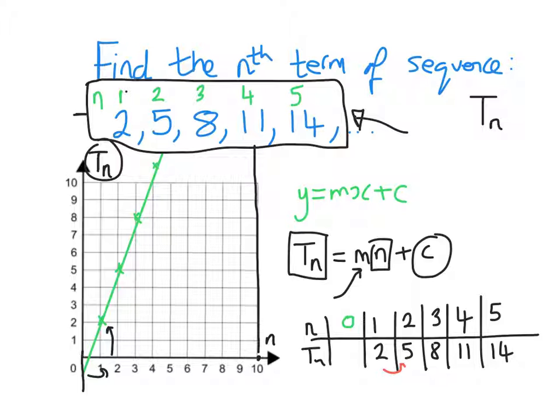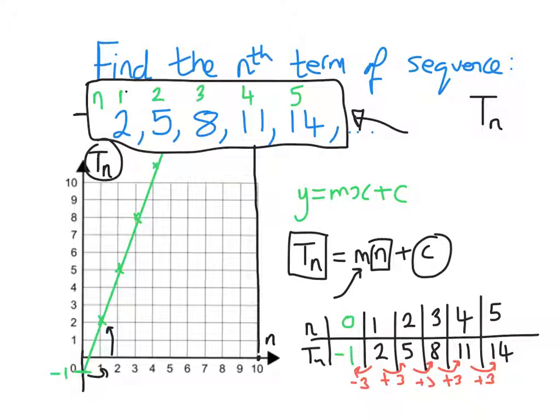My sequence each time, hopefully you can see, is going up in 3s, which would mean this would go down in 3, meaning I would have -1, which is why it went down here, and that would be -1 there.